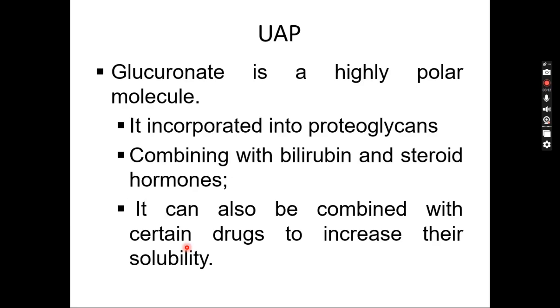So we will look at this UAP pathway. The glucuronate molecule, which is produced in this pathway, is highly polar. When we say it's highly polar, it means it's very soluble. It can dissolve in water very quickly.